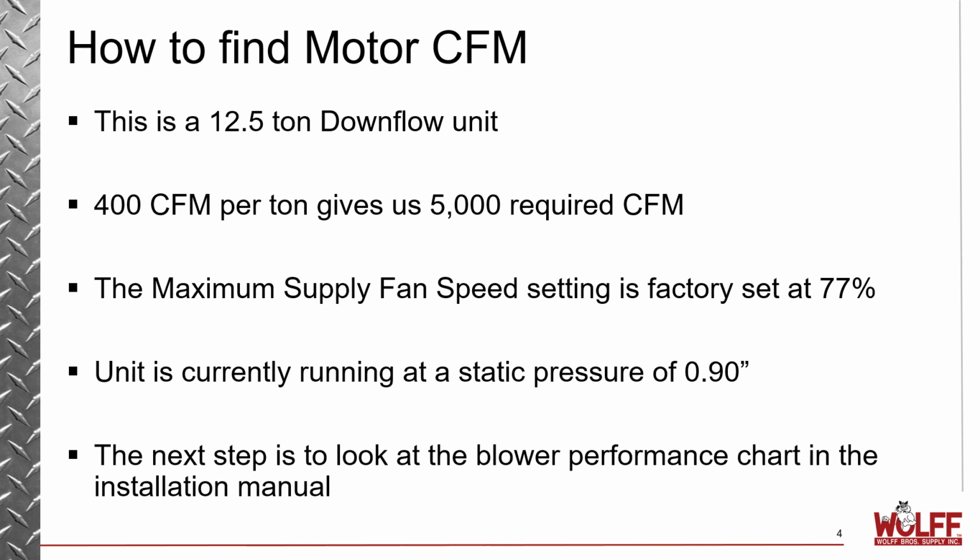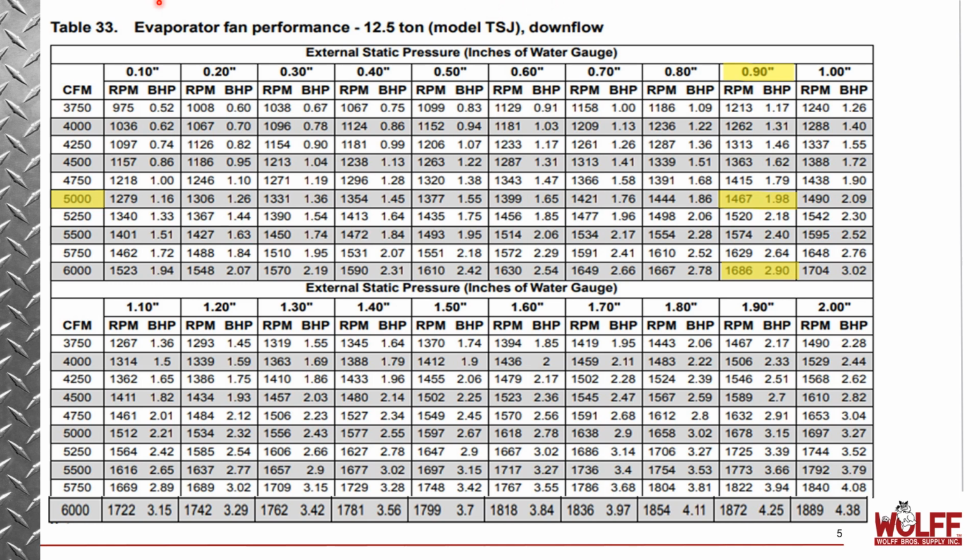The next step is to look at the blower performance chart in the installation manual. Now you can see we found the correct evaporator fan performance chart for a 12.5 ton downflow unit. And we come across here and there is 0.9 inches of static pressure.